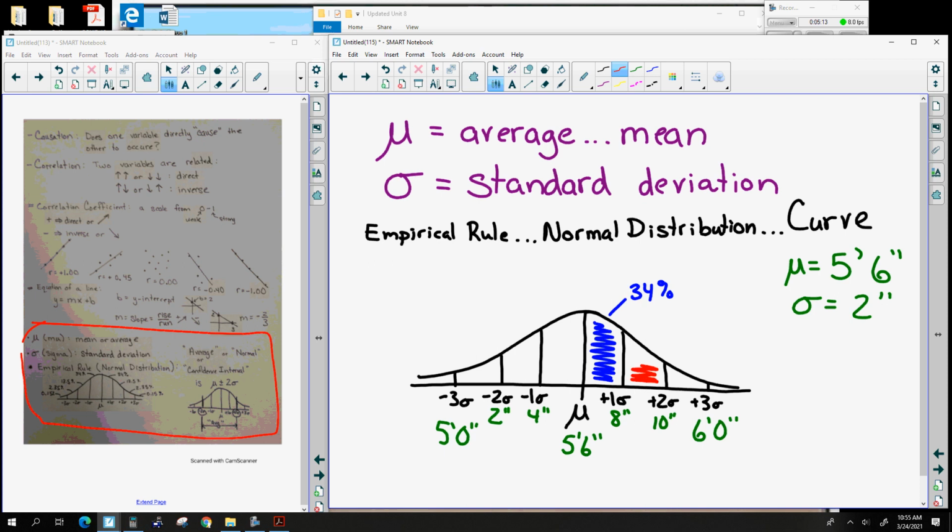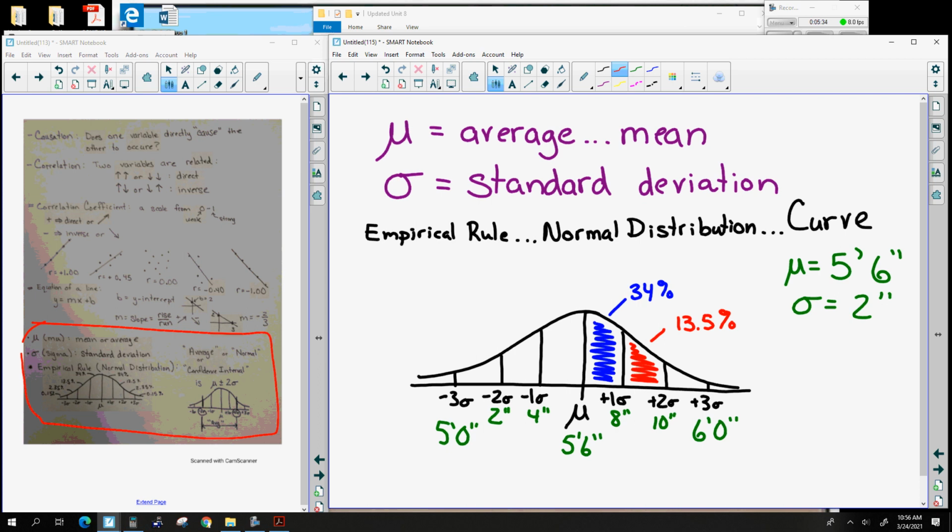The next part of the curve is 13.5% of the entire curve. So what percentage of the students are between 5'8" and 5'10"? Well, that'd be 13.5%.